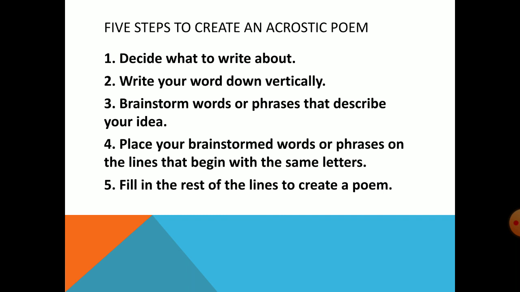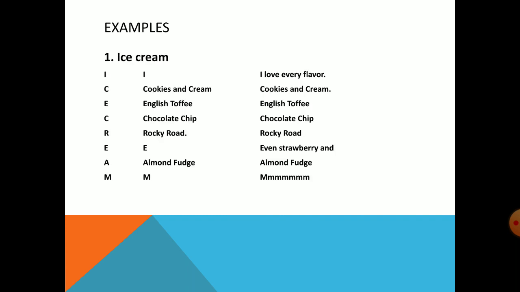Okay. Let's move towards an example. The first word I have chosen is ice cream. I have written the letters vertically: I-C-E-C-R-E-A-M. From I, I have written a phrase: I love every flavor.